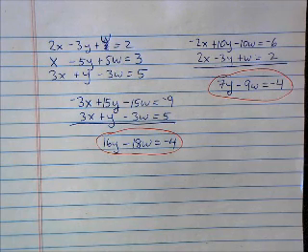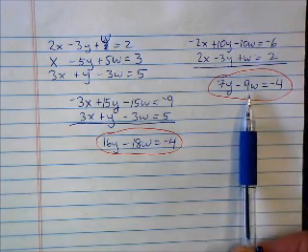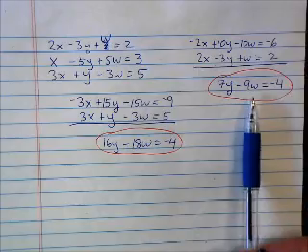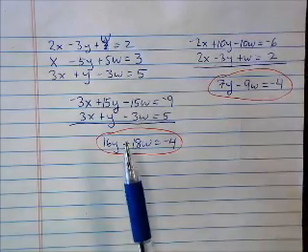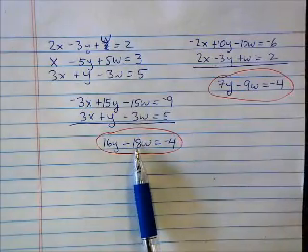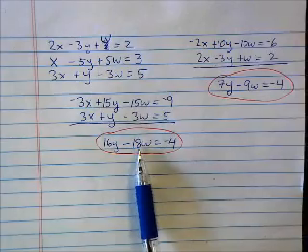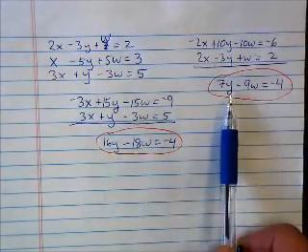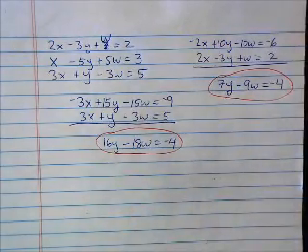Now we need to make a decision. Do we want to cancel out the y's or do we want to cancel out the w's? W's look easier to me. Why do the w's look easier? You take this equation up here and you times it by -2, and that'll give you a positive 18w that'll cancel with that negative 18w. You could do the y's, but to do the y's, you're going to have to multiply both equations by numbers that would be harder.